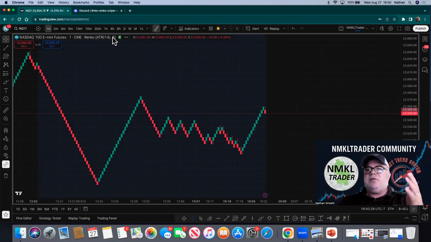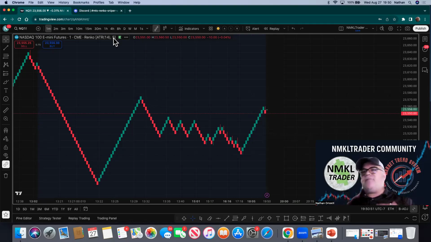That's 5 points on this market. Brick sizes are usually measured in points, not ticks. With this particular one, we're using an ATR 14, and it's measuring and auto-setting it for us. The system is giving you a brick size of 5.